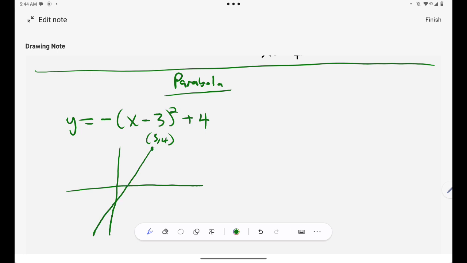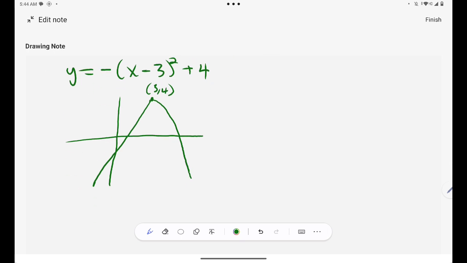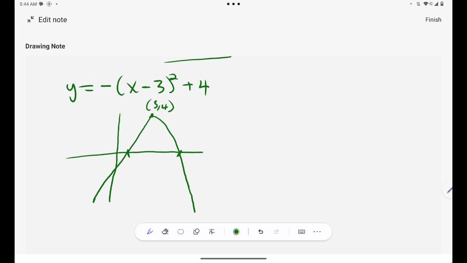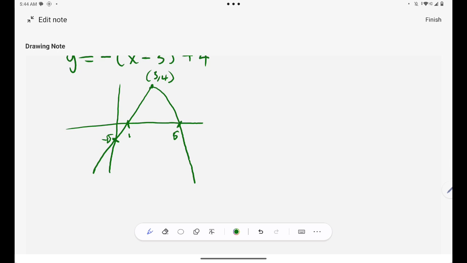So my graph will be like this. Excuse my lack of drawing skills. Here I will have a 1 and a 5, and here I'll have a negative 5. Okay, my graph will look like this now, guys.